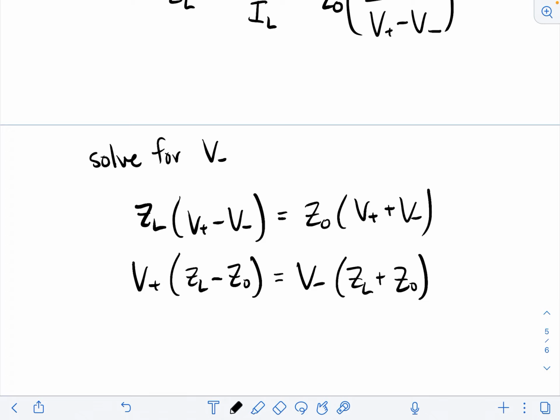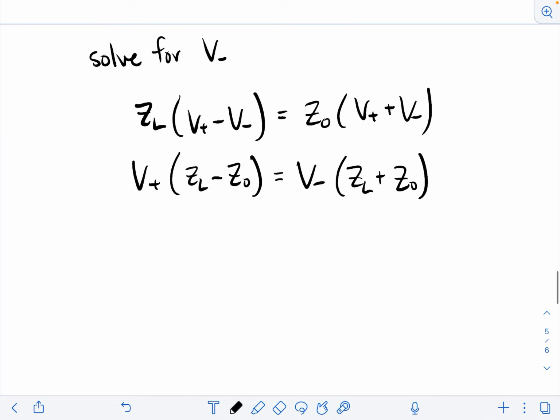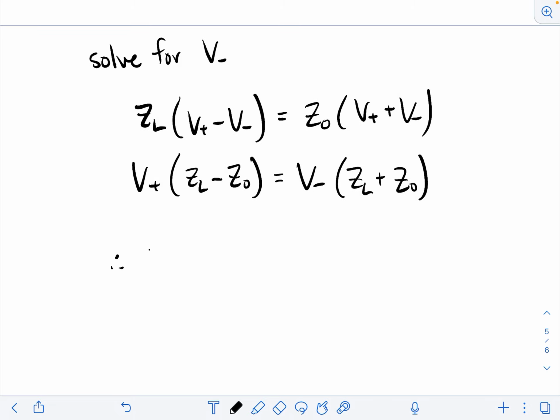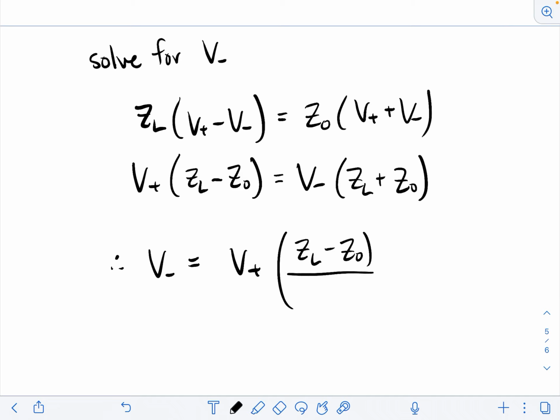So when we solve for V minus, it's going to be equal to V plus times ZL minus Z naught over ZL plus Z naught. Yeah, I think that's right.